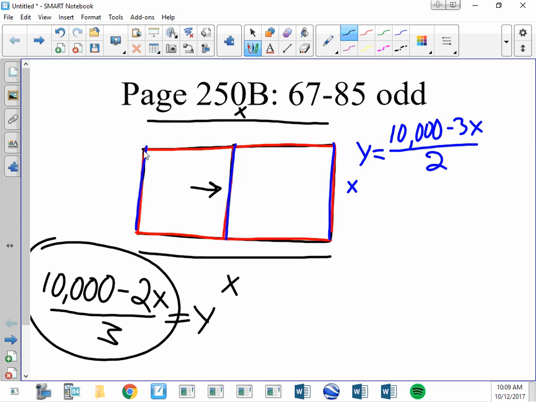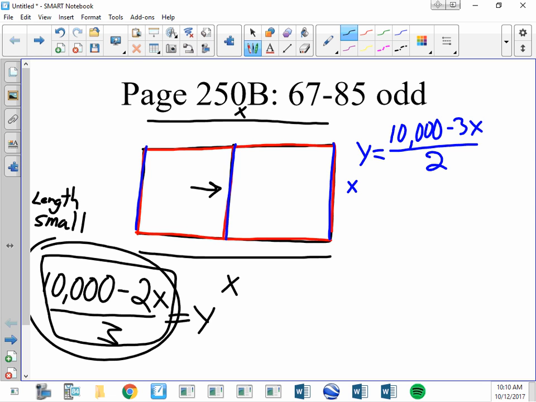I want the maximum area. So what does this number tell me? That's how big the short sides are, right? So we called the big side x. We subtracted off 2 big sides, and we divided it by 3. So this is the length of the small side.